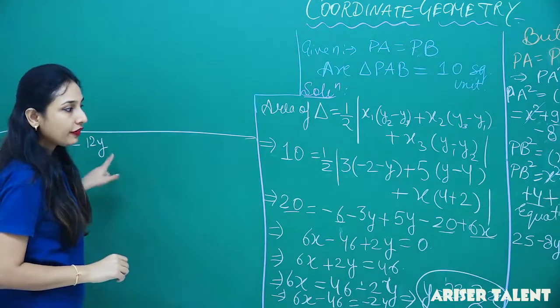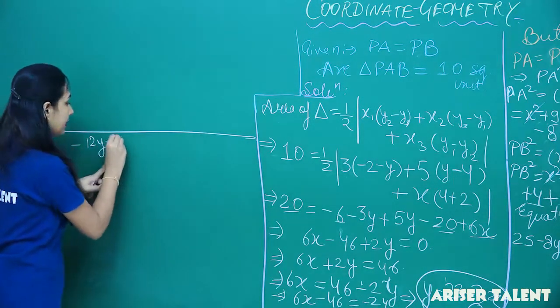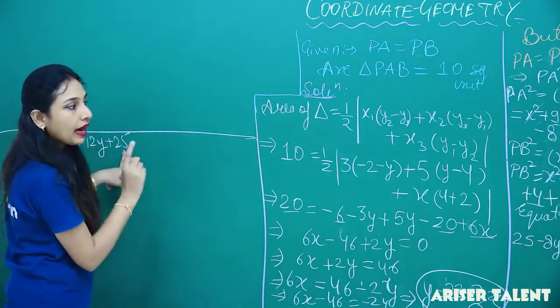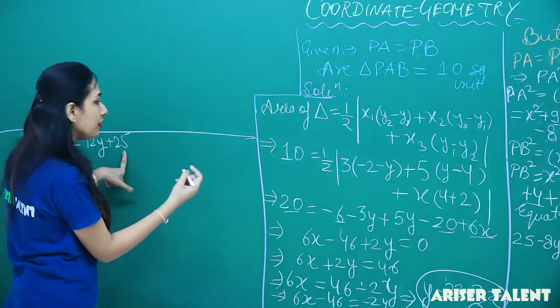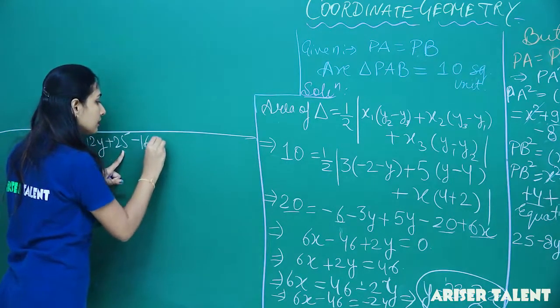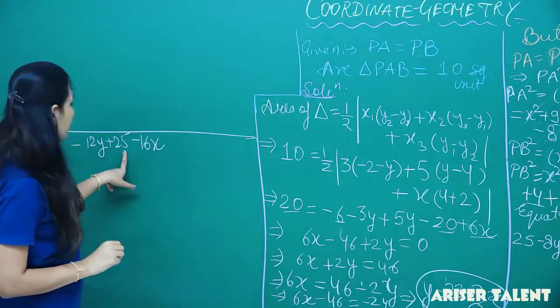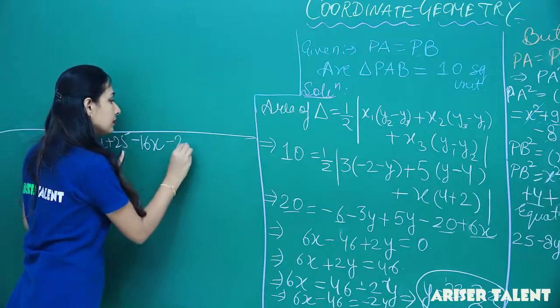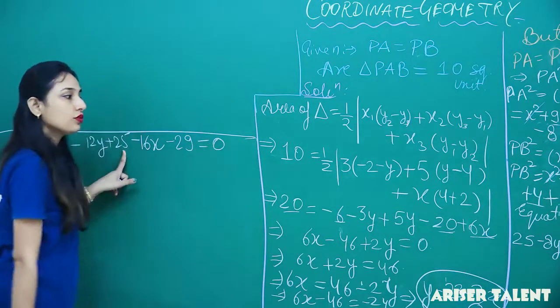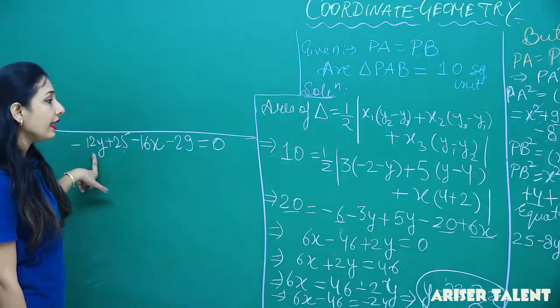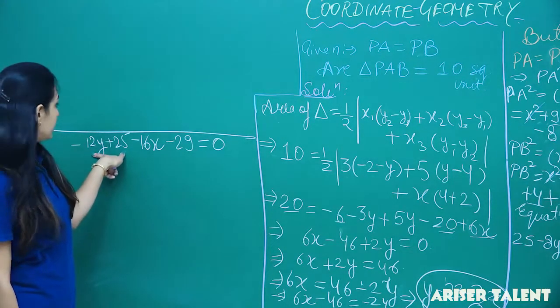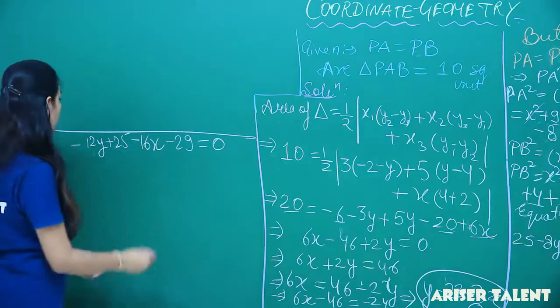Now 25 minus 6x, and here minus 10x, so that will be minus 16x. Anything remaining? Minus 29. That is equals to 0. So minus 12y and then 25, that's equals to 0.